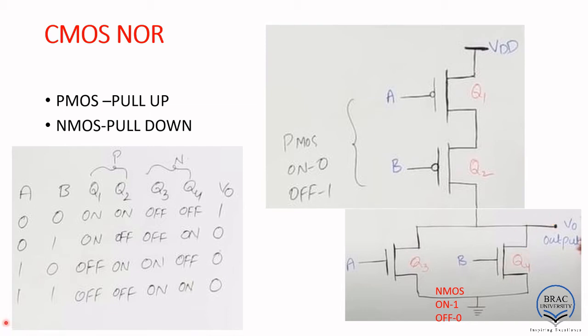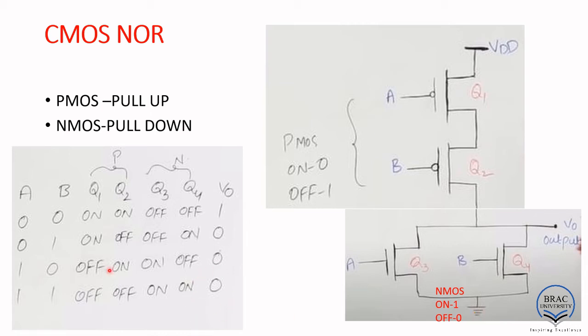For the last situation, 1 1, this one is off, this one is off, right? So off means open, so we are not getting the connection from VDD to V0. And for the NMOS, this is on, this is on, both shorted, so V0 is connected to ground, then our output will be 0.